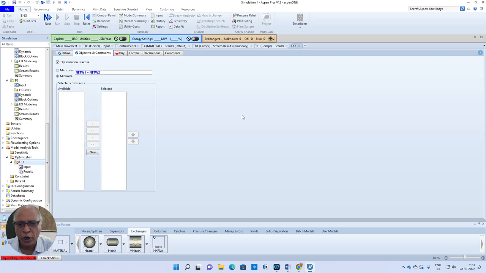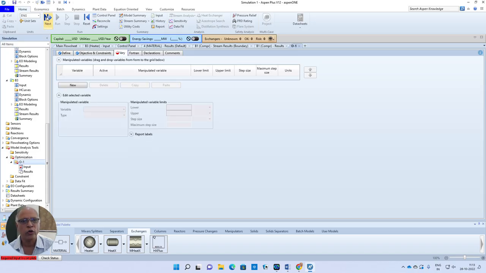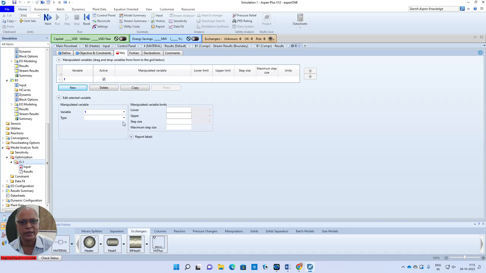Constraint. In this problem, it's an unconstrained problem. We wanted to minimize the total work required by both the compressors in order to achieve the required compression. But what is it that we are trying to vary? We would like to find out the optimum pressure at the exit of the first compressor. So we would like to vary the block variable.